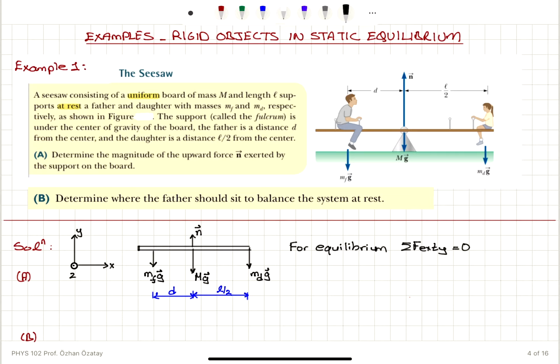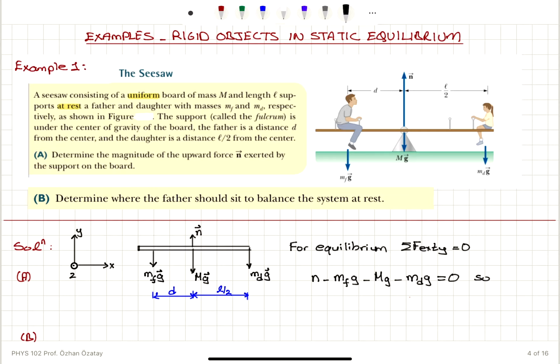So if I write the net force on the y-axis, I have the normal force pointing up, Mg pointing down, m_f g pointing down, m_d g pointing down. So the normal force is in j-hat direction, and then I have mass of the father times g, weight of the father, pointing down, capital M times g, weight of the board, pointing down, and m_d times g, weight of the daughter, pointing down. So these should add up to 0.